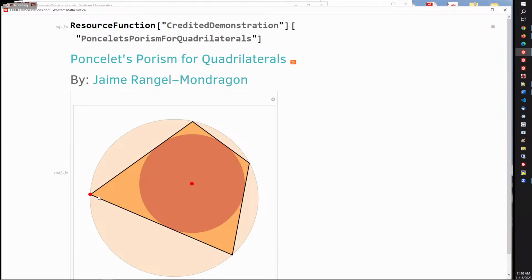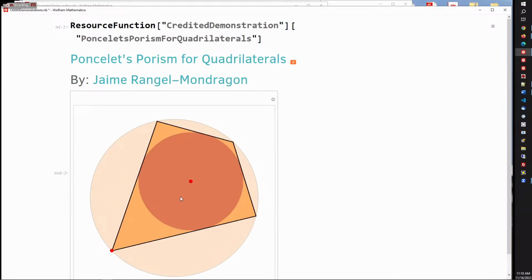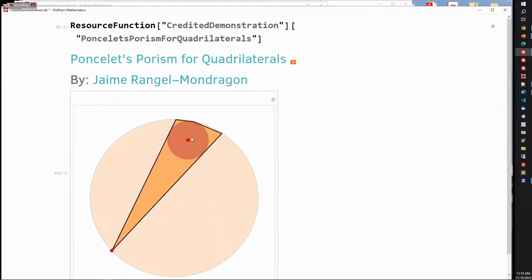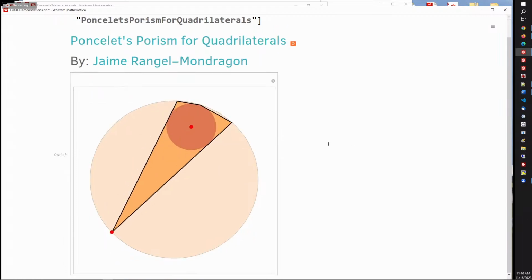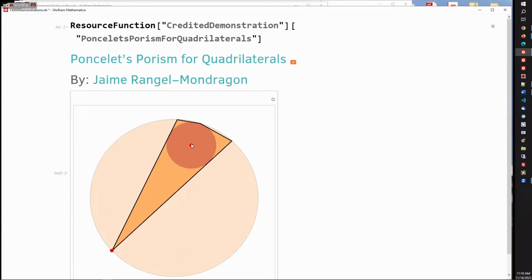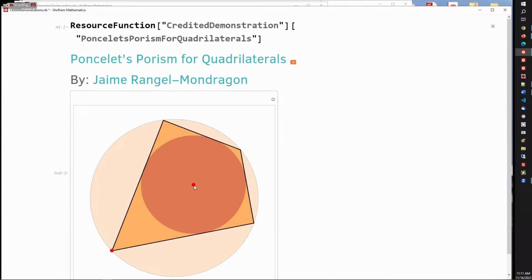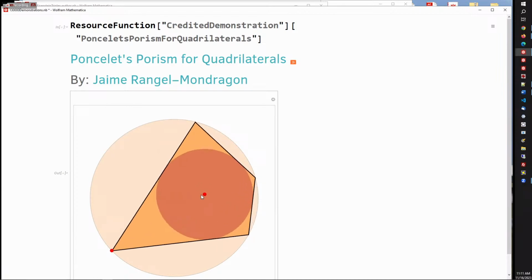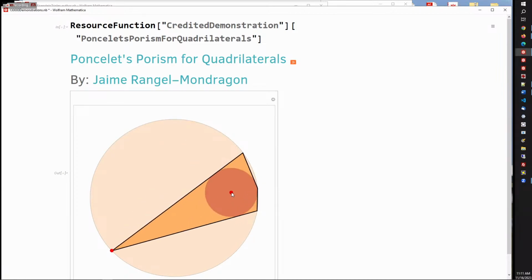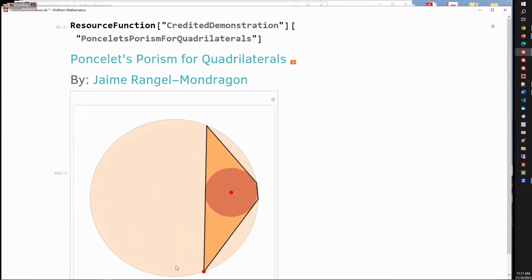Poncelet's porism. If you have a circle, you can use Fuss's formula to figure out, based on the distance from the center of the circle to the edge, how to draw a circle so that if you start at any point on the circle, you will get a quadrilateral if you build a series of tangents.